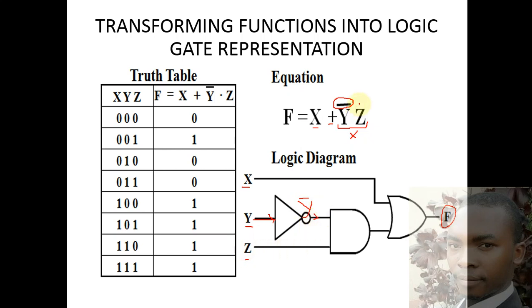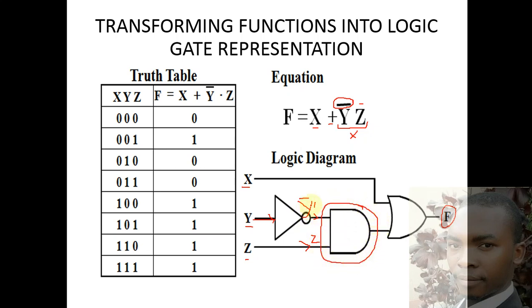Then the z does not have a negation, so it comes direct. So we have this times the z, and this is the AND gate.